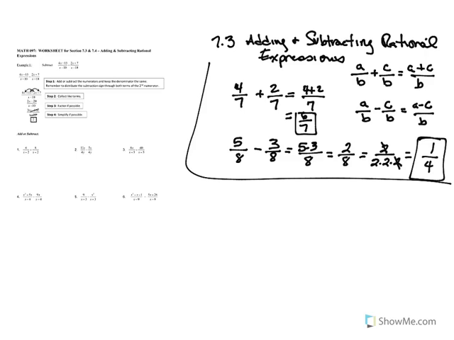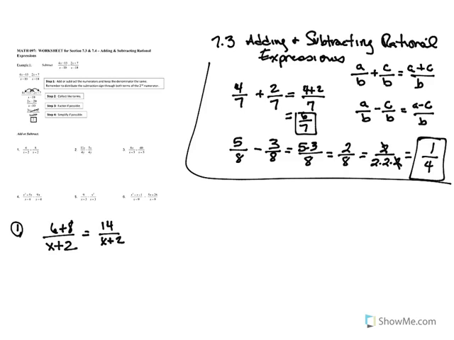Let's look at number 1. We have 6 over x plus 2, plus 8 over x plus 2. We have the common denominator of x plus 2, and then we're just going to take the numerators and put them together. So 14 over x plus 2. Then when you look at your rational expression, you go back to your 7.1 rules.